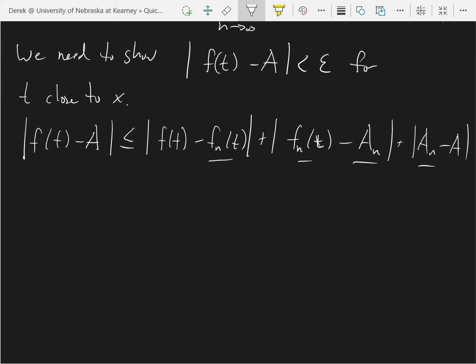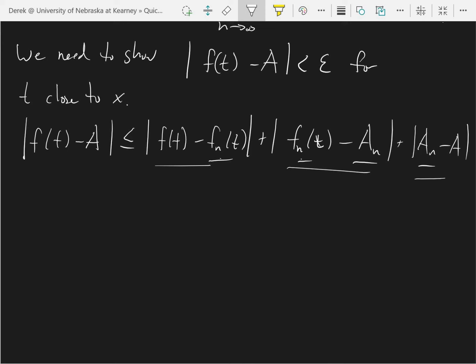Using the triangle inequality twice, you get this less than or equal to the sum of those three absolute values. Okay, so if I can make all three of these things small, we're going to be good.